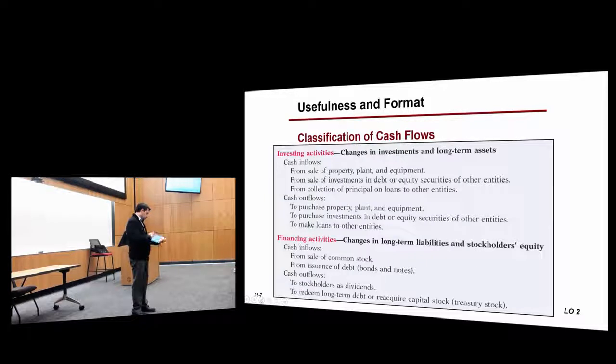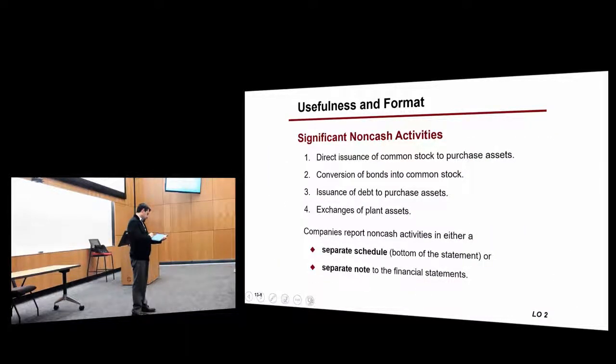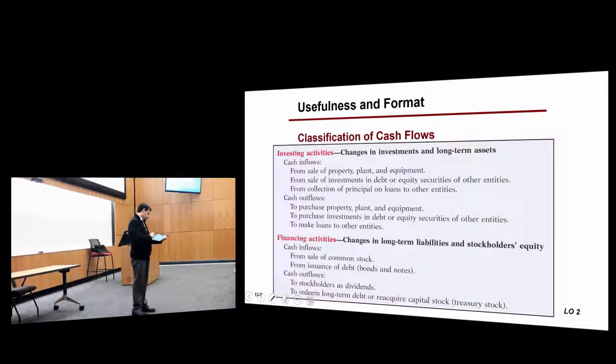So those two are the opposite to each other. One of them is when the company buys equipment, that will be cash outflow. The other one is when the company sells equipment or building or basically PP&E, that will be cash inflow.